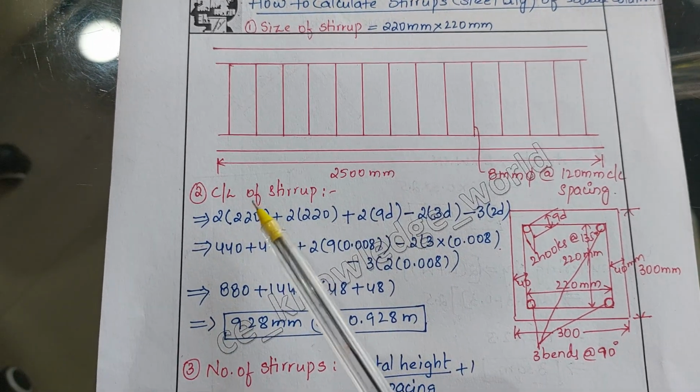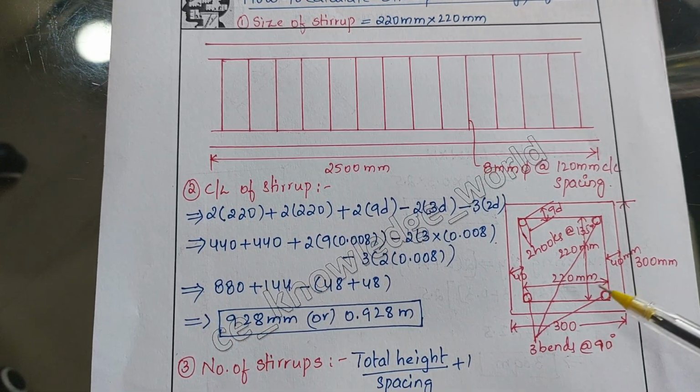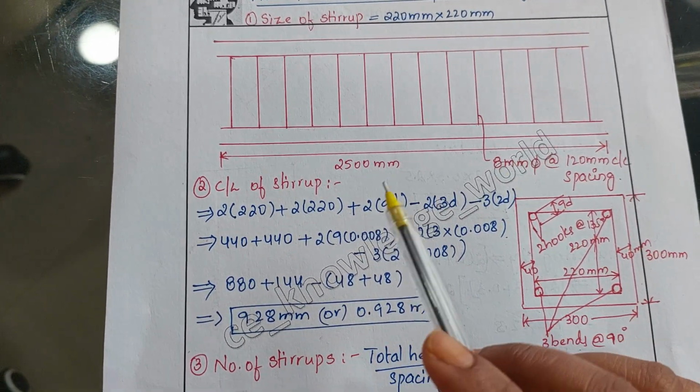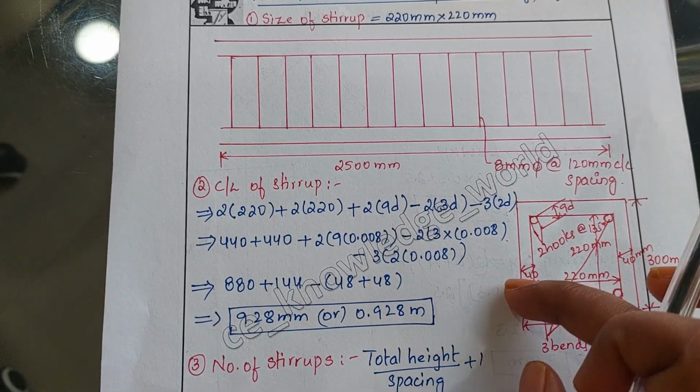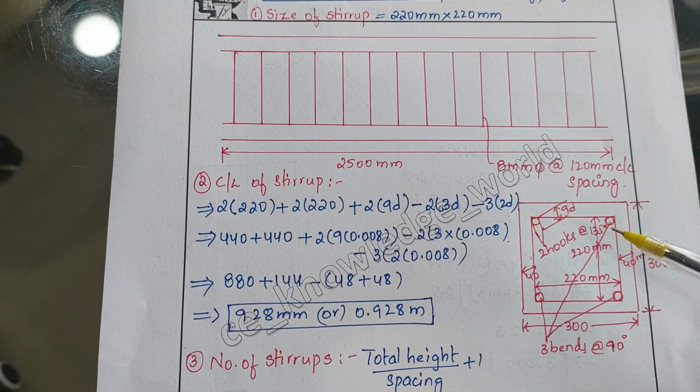Firstly we have to calculate the cutting length of the stirrup. So what we have to do: 2 into 220, two sides were there, and again 2 into 220, these two sides, plus here we have provided two hooks at 135 degrees.